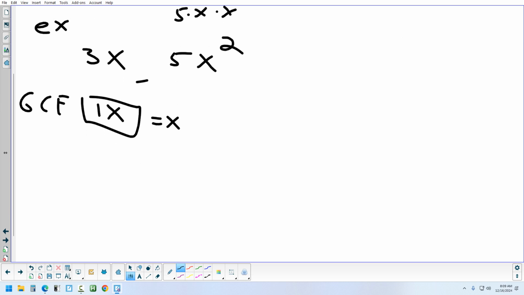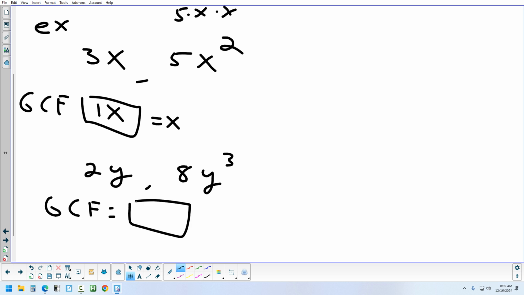Let's do 2y and 8y cubed. Okay, so start with the number. What's the biggest number that divides into 2 and 8 without a remainder?